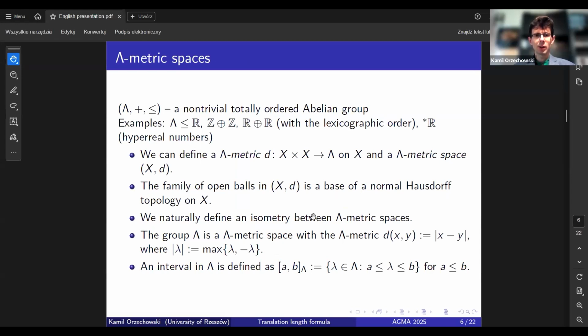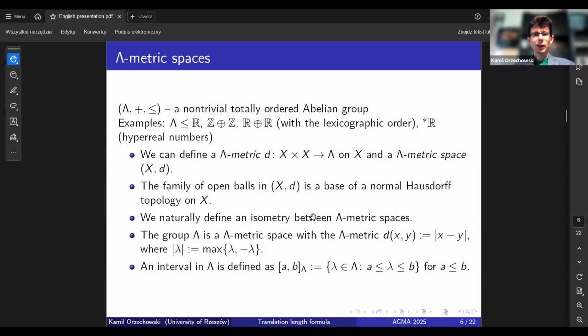The examples are subgroups of the additive group of real numbers. These are so-called Archimedean groups. And there are also non-Archimedean. For example, the direct sum of 2 copies of Z with the lexicographic order, or hyperreal numbers.